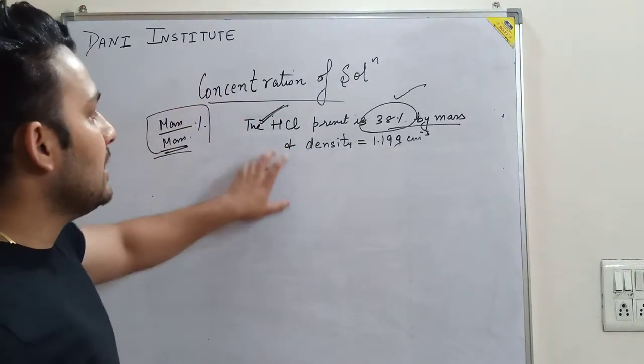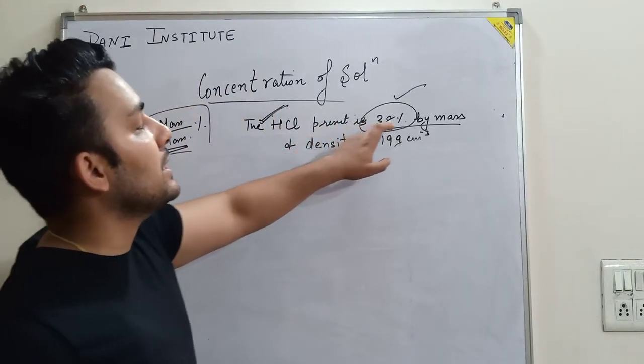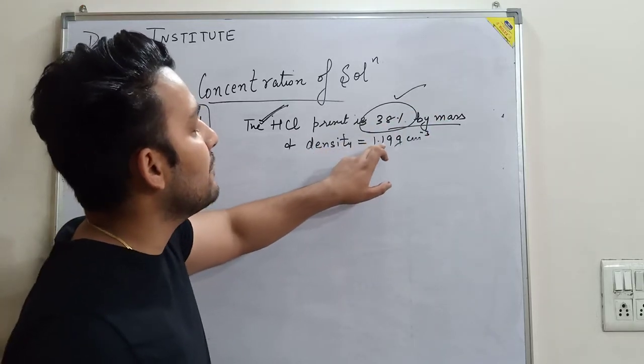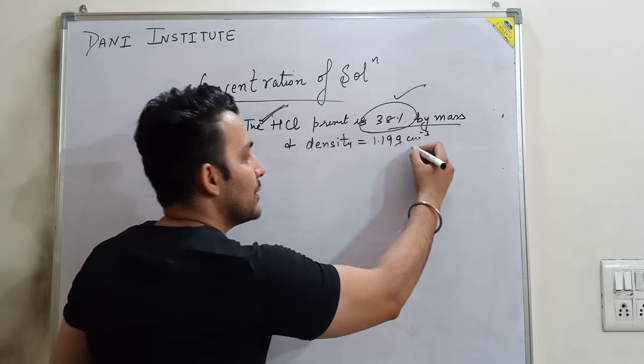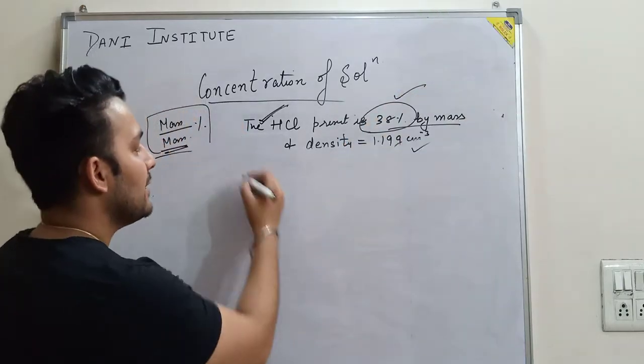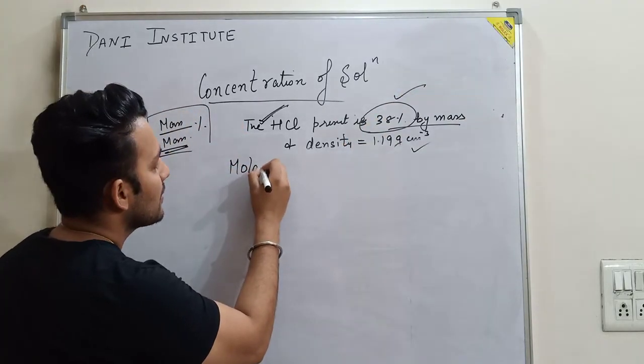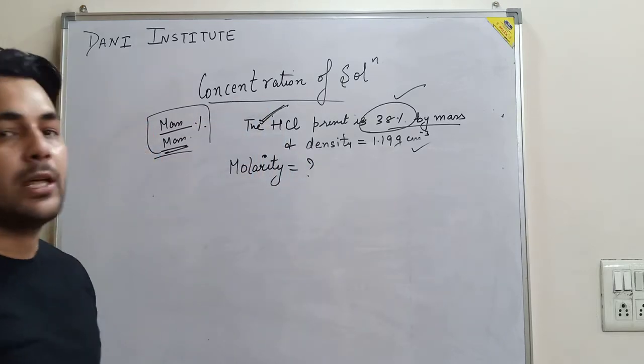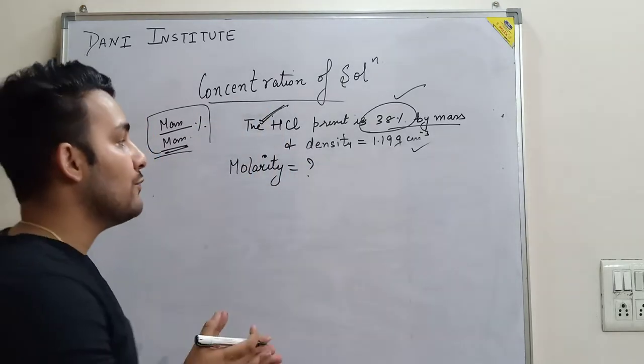The numerical is saying that HCl is 38% by mass and density is 1.19 gram per centimeter cube. Then he said find the molarity. How can you find the molarity of the solution?